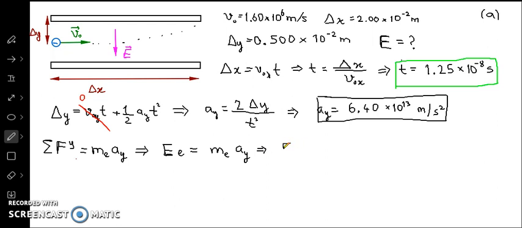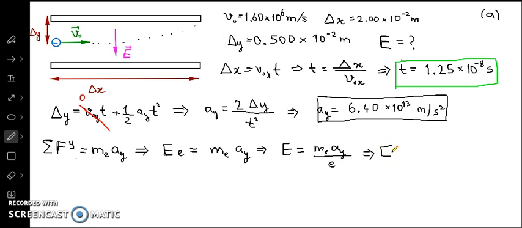Just isolate the electric field. That's the electron's mass, which is 9.11 times 10 to the negative 31st kilograms, and all the other, the acceleration we calculated above. And the elementary charge is 1.60 times 10 to the negative 19 coulombs. These are physical constants. You can look them up in a physics book.